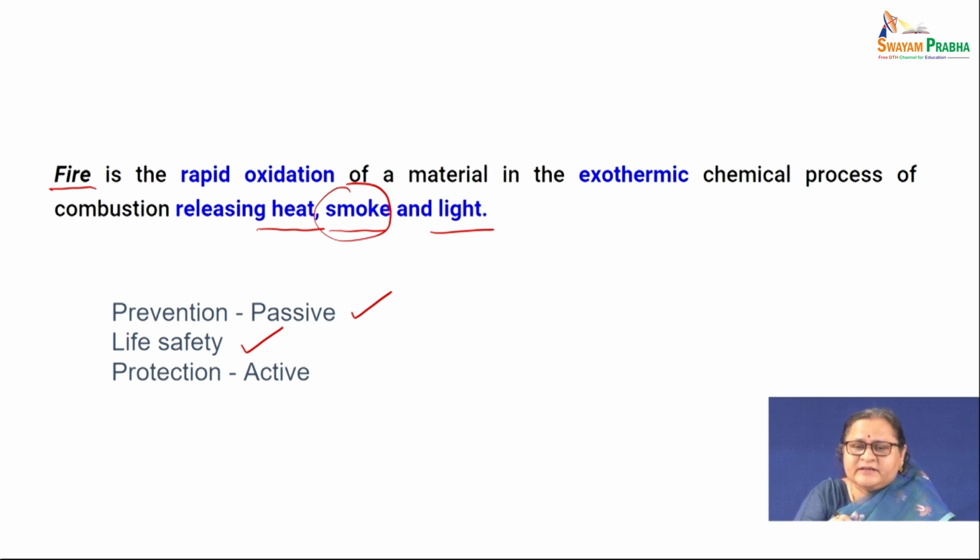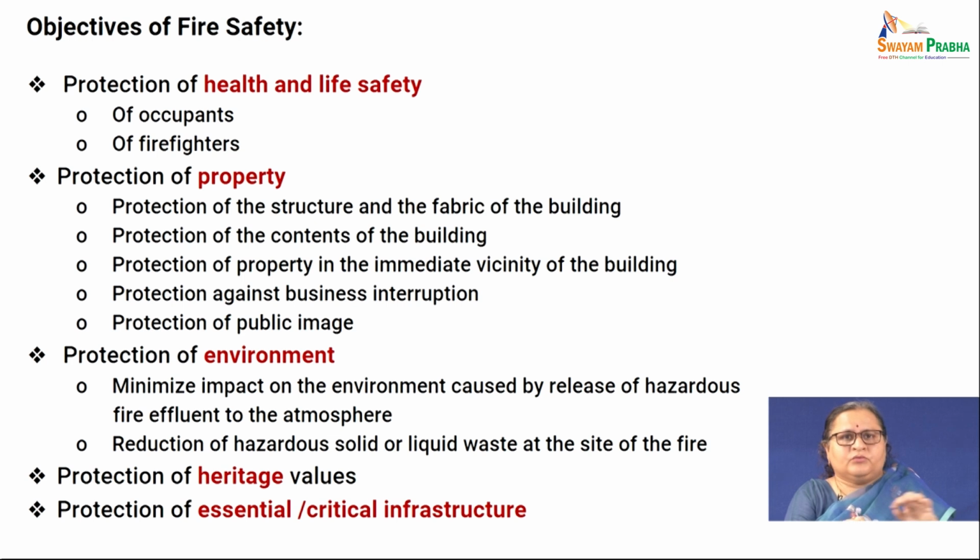There may be victims who are under suffocation, so that kind of safety we have to ensure. Coming to the prevention part, that may be through rules, bylaws, etc. The other part is the protection part from fire, like preventing the fire from spreading further. To protect it within the zone, we can install the active part.